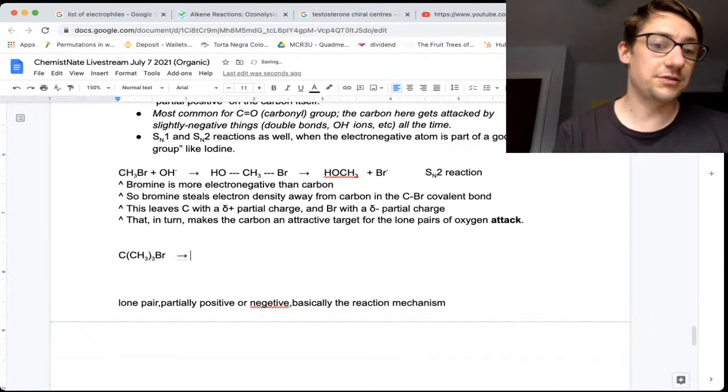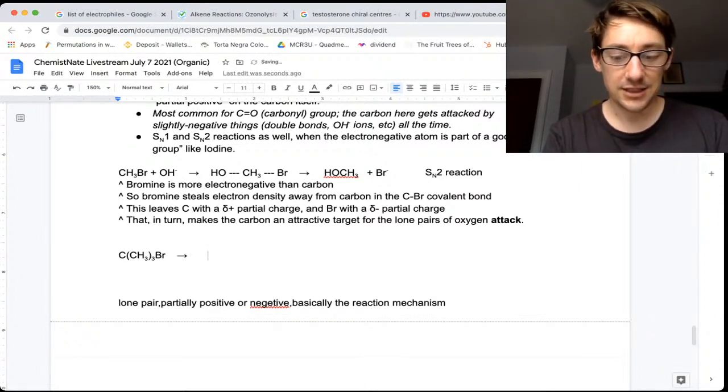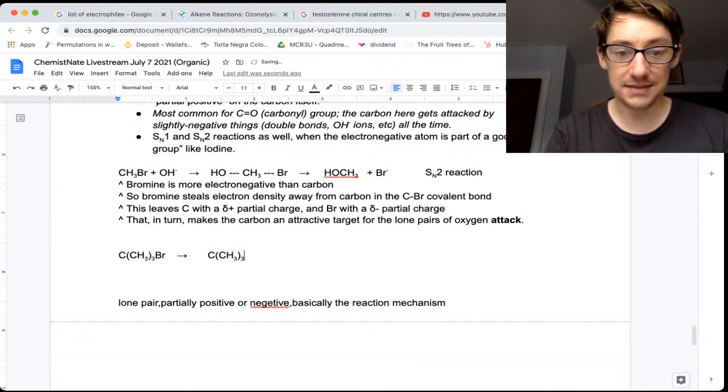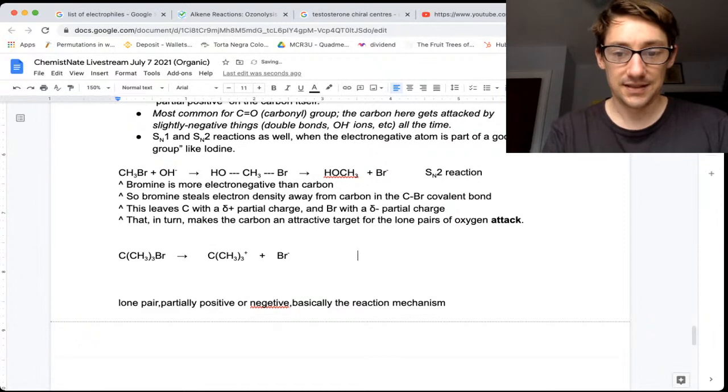That makes it so that the Br can actually just fall right off. You end up with C(CH3)3, and that has a positive charge. And the Br has a minus charge, as bromide often likes to.